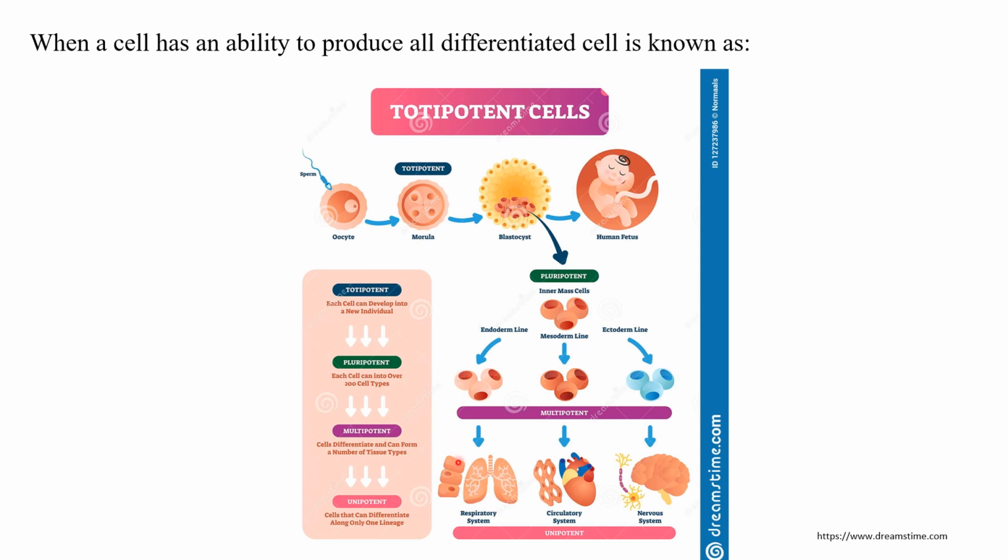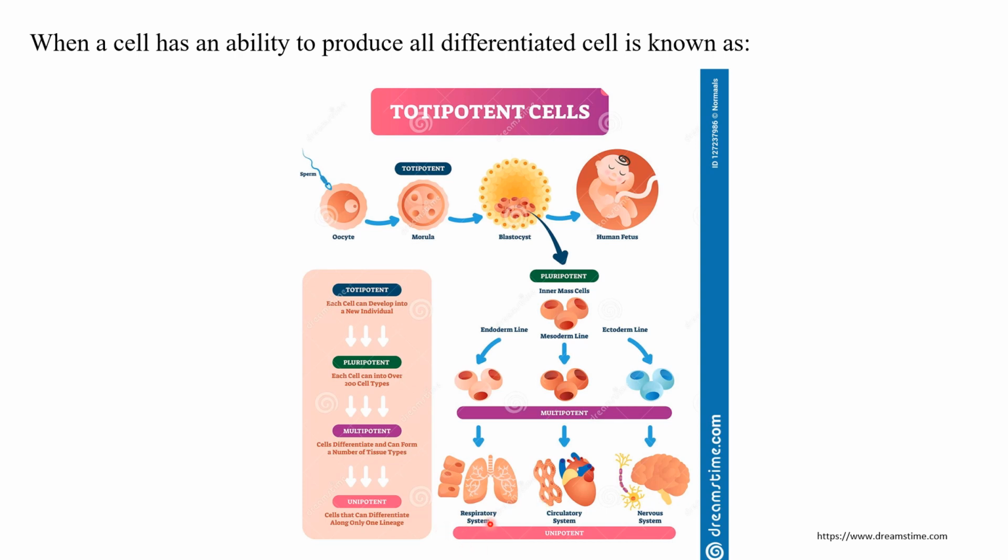Endoderm can form organs such as the respiratory system. Mesoderm gives rise to the circulatory system and ectoderm gives rise to the nervous system. Once these cells are formed in the systems, they are called unipotent cells.